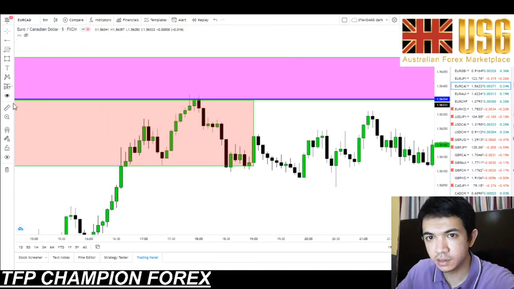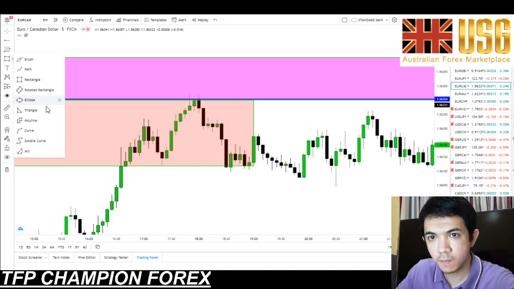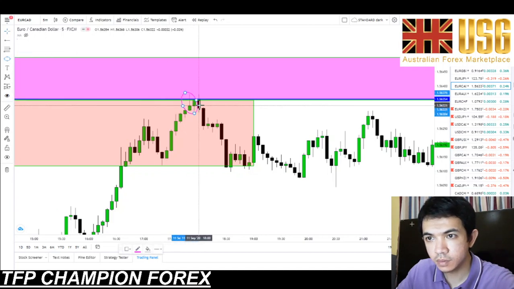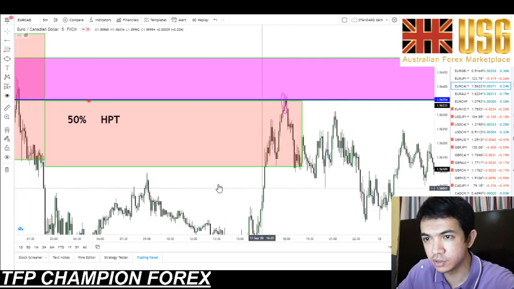Where is that? Here. And then after that, the market formed an engulfing candle, this strong surge over here. So we can say that there is a selling pressure within our 50% level.